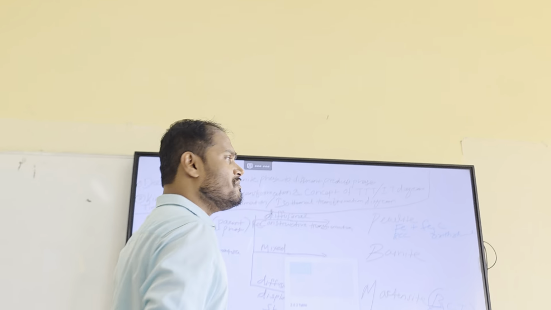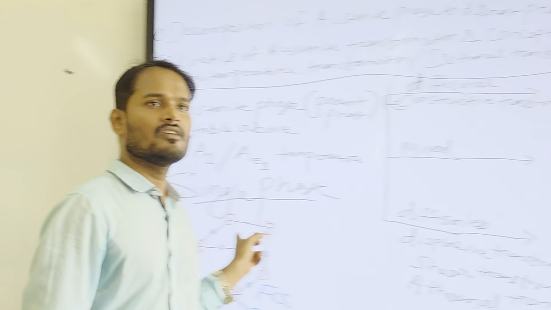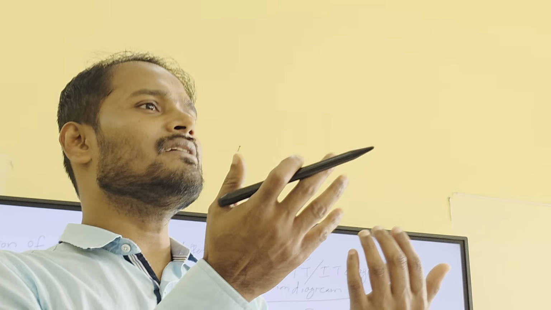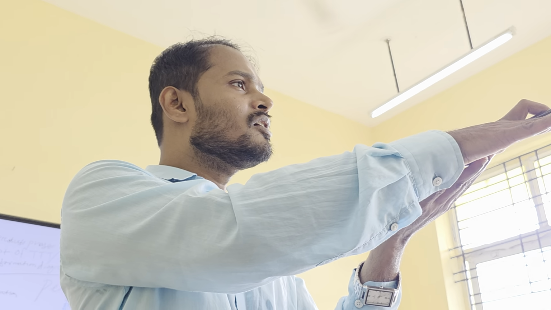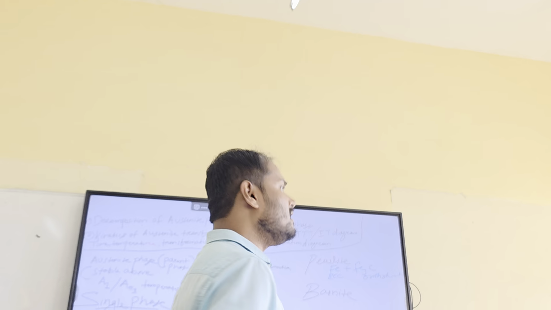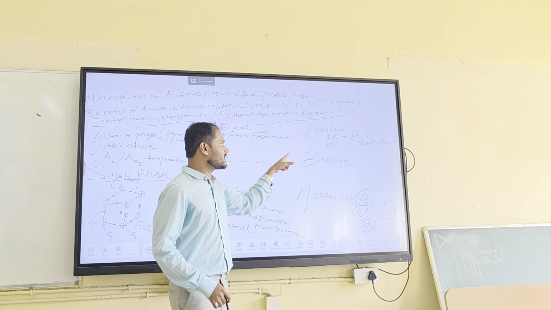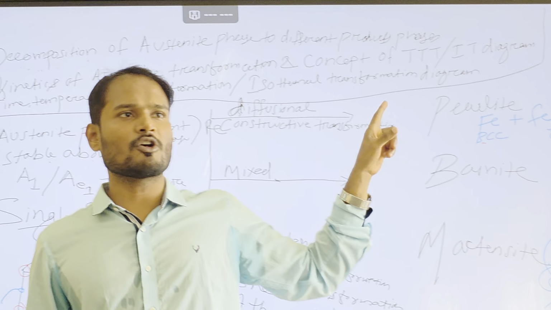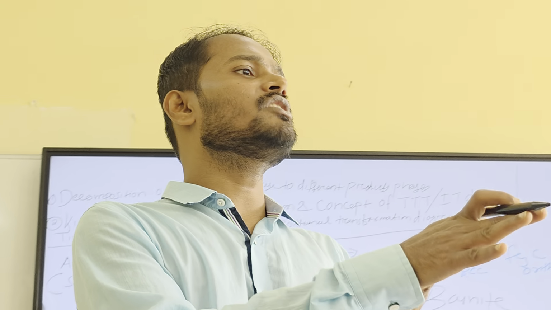So this FCC has a lattice of iron. The iron sublattice will just shear, but the carbon present in the lattice will migrate. So you can simply write, diffusion of carbon atoms will take place during bainitic transformation, but diffusion of iron atoms will not occur. Only shearing of the lattice will take place. Do you got the point now? So that's why it is mixed.